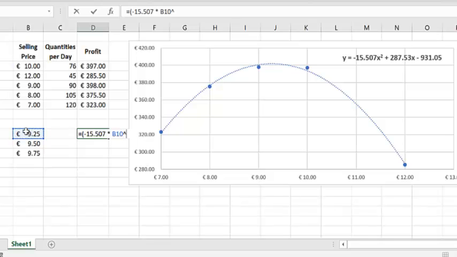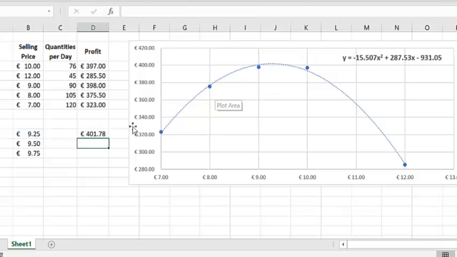So I will use the caret symbol, 2, close brackets, plus 287.53 times the selling price. It's better if we enclose that in brackets, minus 931.05. So basically I have plugged this formula there.